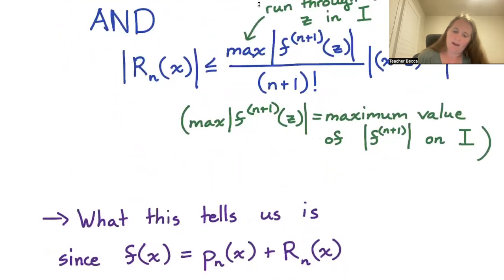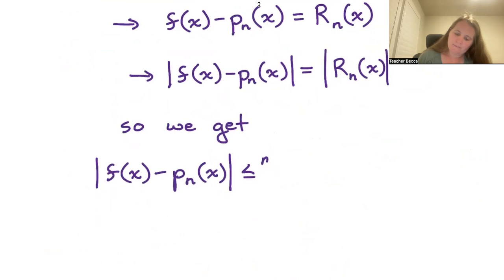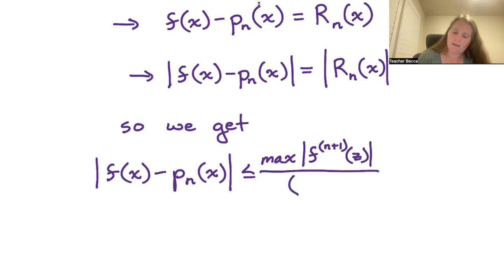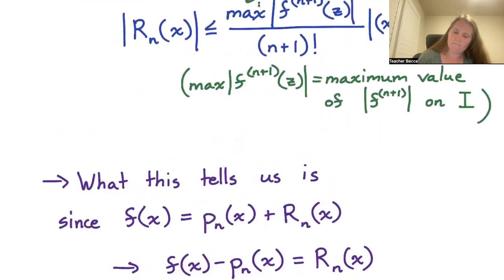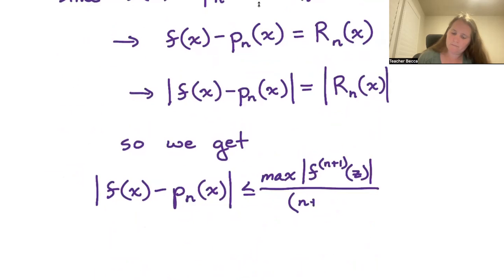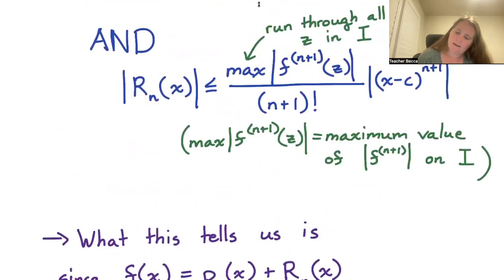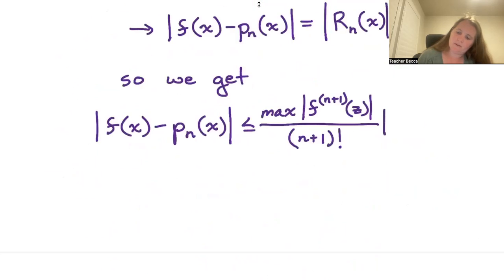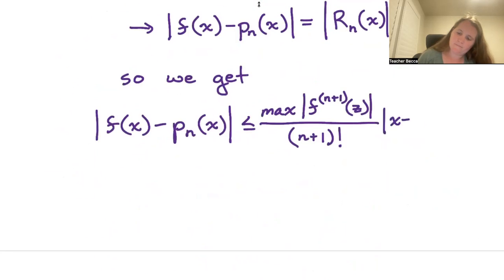So it is bounded by the max of the absolute value of the n plus first derivative of f over I, divided by n plus 1 factorial, times the absolute value of x minus c raised to the n plus first power.